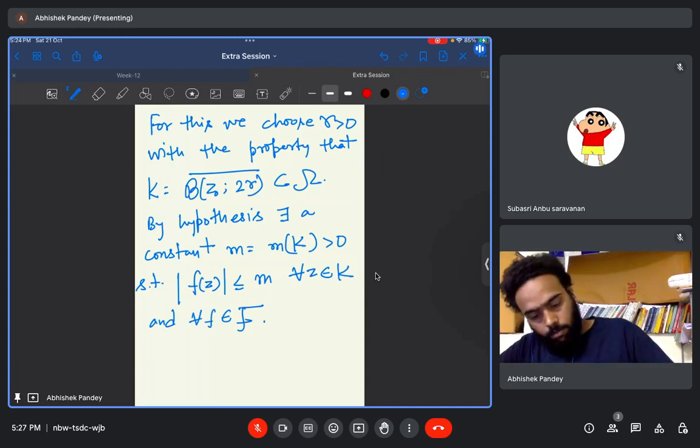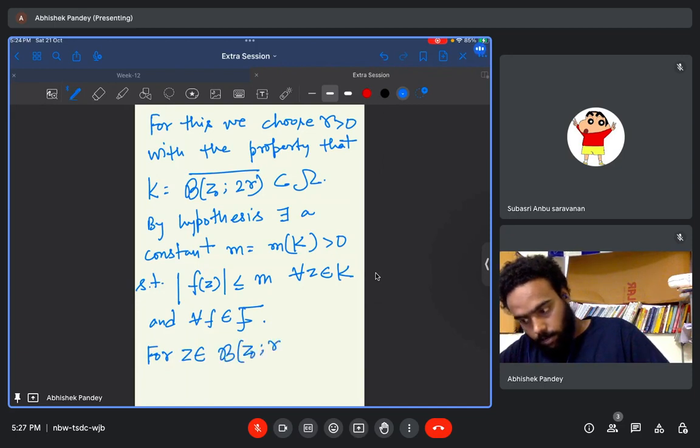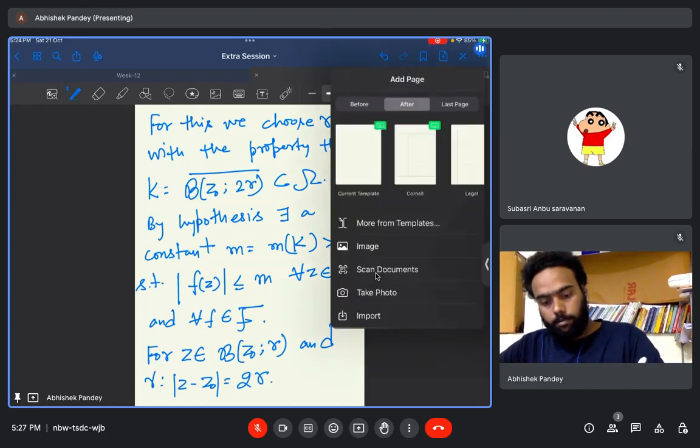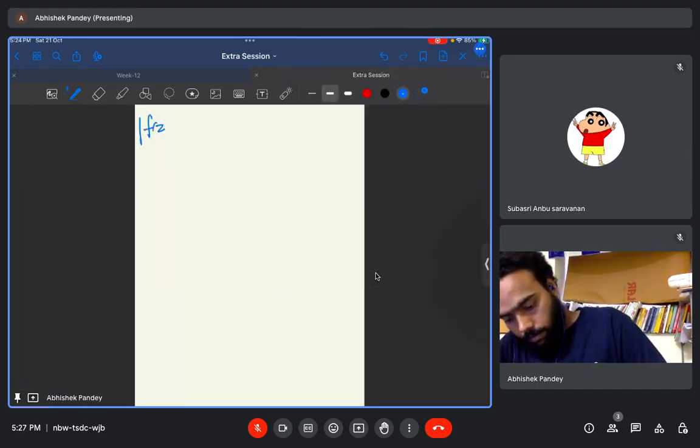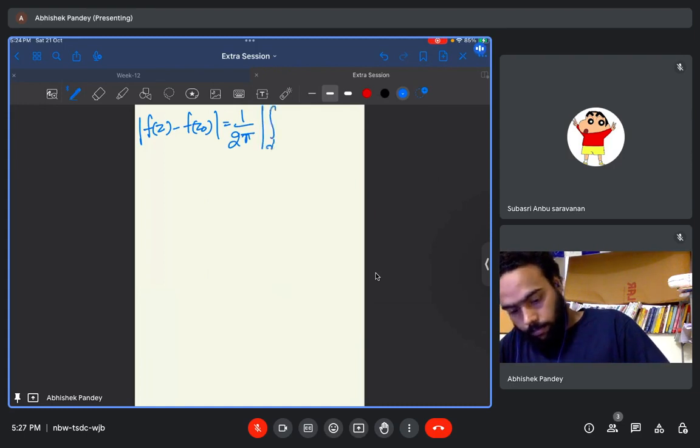Okay, so now what we are going to do, for z belongs to this ball of radius R, and gamma is such that |z minus z naught| is equal to basically 2R. We are going to calculate something. So f(z) minus f(z naught) is basically, we can write 1 upon 2 pi integral over gamma f(xi) upon xi minus z d xi, minus integral over gamma f(xi) upon xi minus z naught d xi.